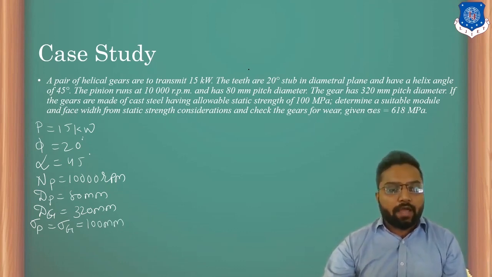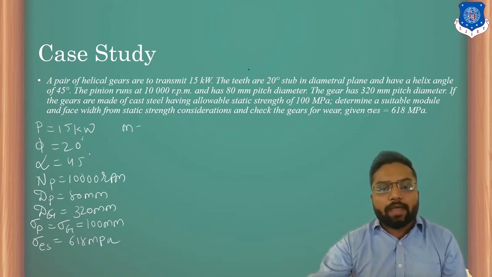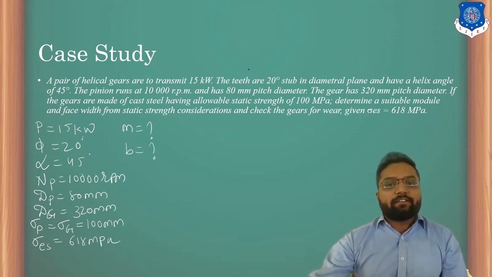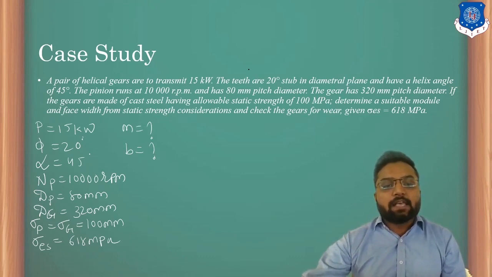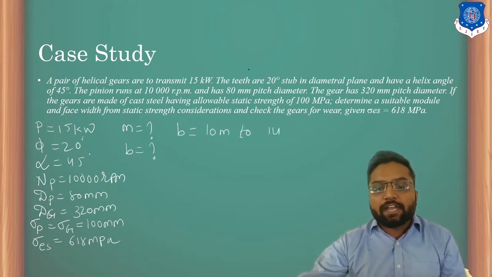Determine the suitable module and face width if it is as given, and check it for wear. So here we are provided sigma ES, the endurance limit, 618 megapascal. All we have to find is the module M and the face width B. For a standard gear, the relationship between module and face width is always between 10 of the module and 14 of the module.